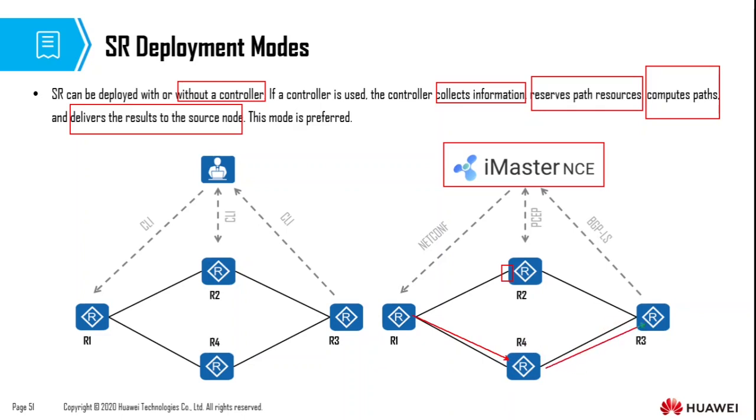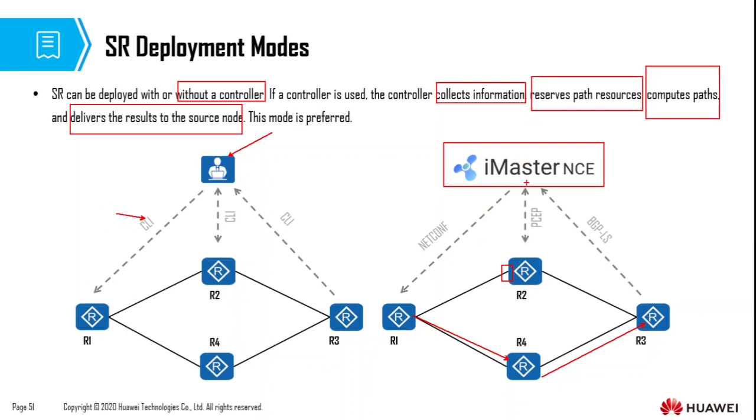So that's the main advantage of using the controller, because it has an entire view of the network, that central device. Otherwise, when you're not using a controller, as the network administrator, you'll have to configure the segment list by, of course, using the CLI.